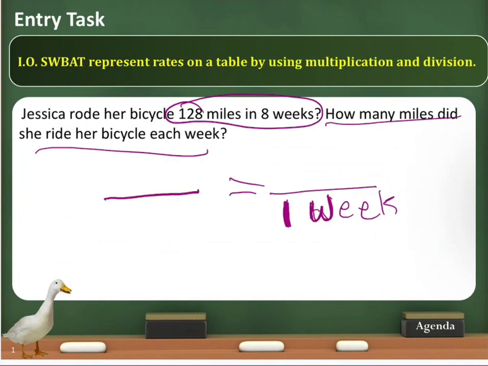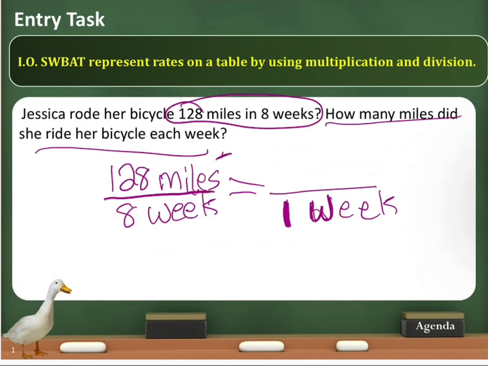And I'm going to use the given ratio of 128 miles in 8 weeks, right? And this is a rate, right? 128 miles in 8 weeks is a rate, because it is a ratio that has two different units of measurement.